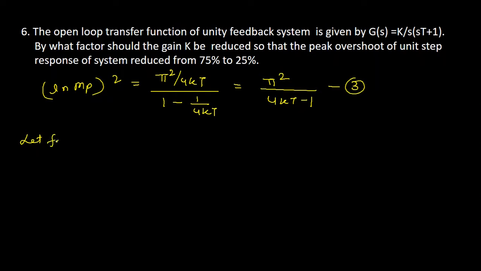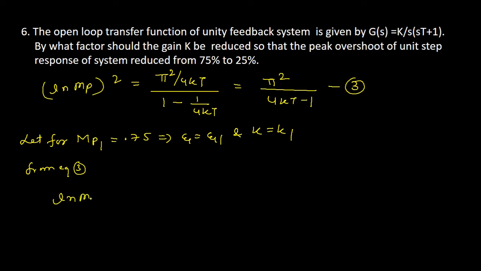Now let for the maximum overshoot Mp1 = 0.75, ζ = ζ1 and K = K1. Therefore, from equation number 3, (ln Mp1)² will be equal to π² divided by (4K1T − 1). Now we put the value of Mp1 here.